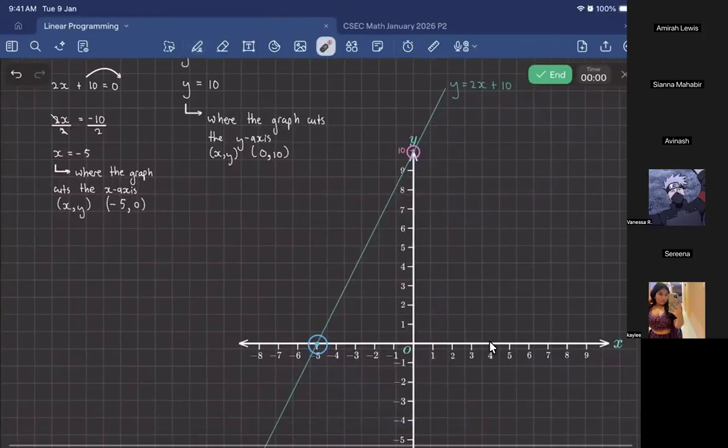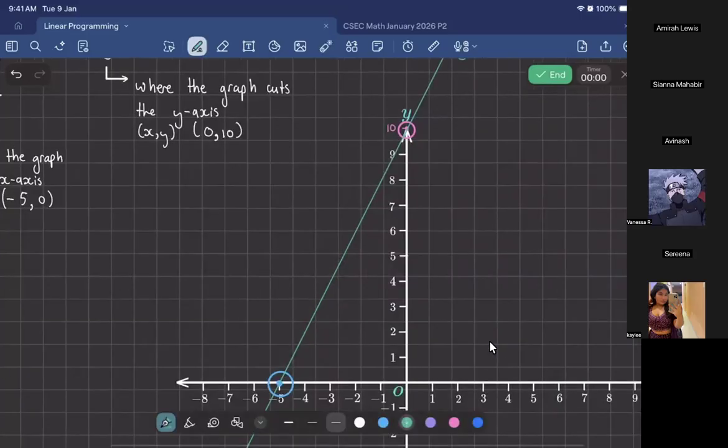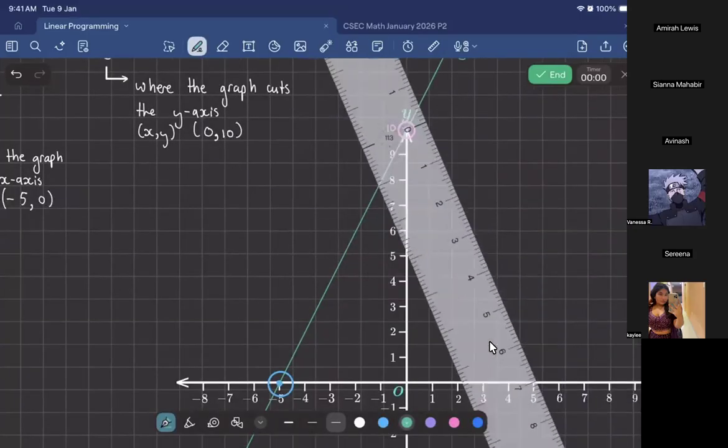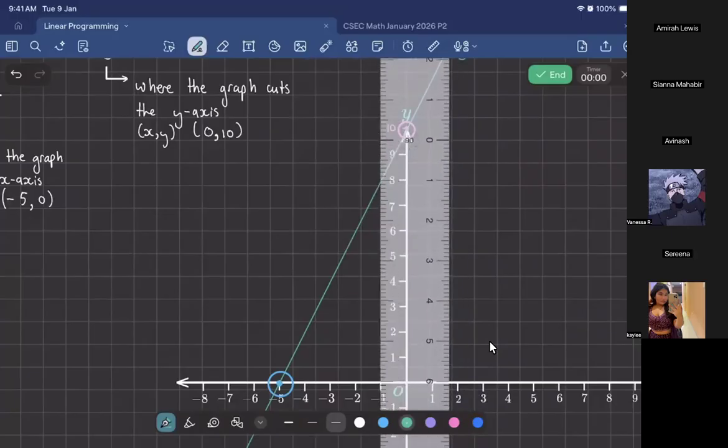Now, if I were to take a point on this line, y would be what? 2x plus 10. It would be equal. Remember, this line follows the relationship that y is equal to 2x plus 10. That's the relationship it follows. And if you don't believe me, we could take a point and check.